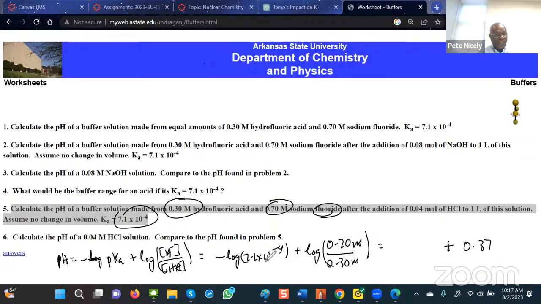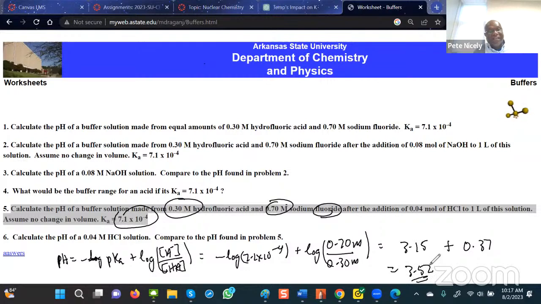And then for this part, 7.1 times 10 to the minus 4, the negative log of that would be 3.15. And so 3.15 plus 0.37. So according to my calculations, this works out to be equal to 3.52.